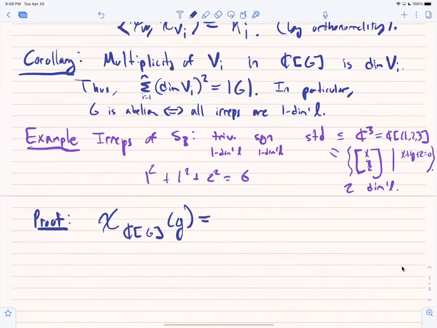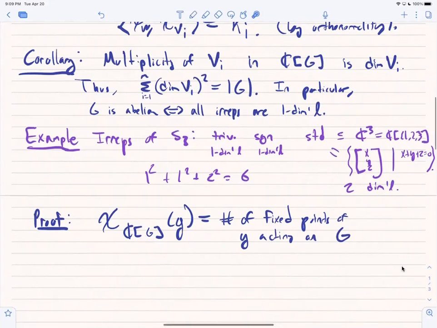This is something we saw in the exercise session: the number of fixed points of g acting on G, where you're thinking of G as a G-set by left multiplication.